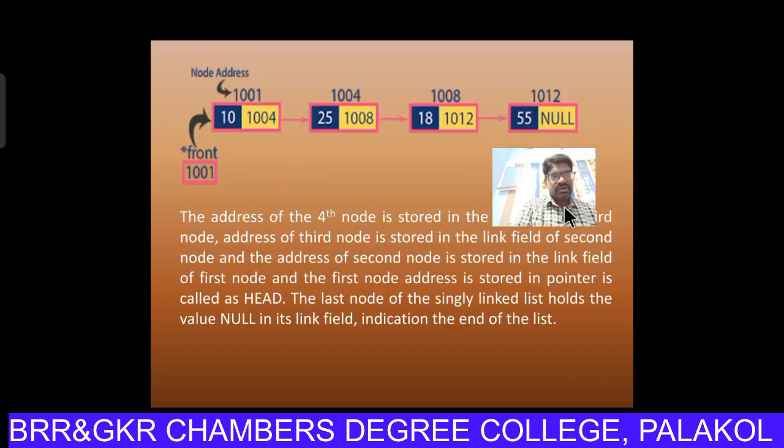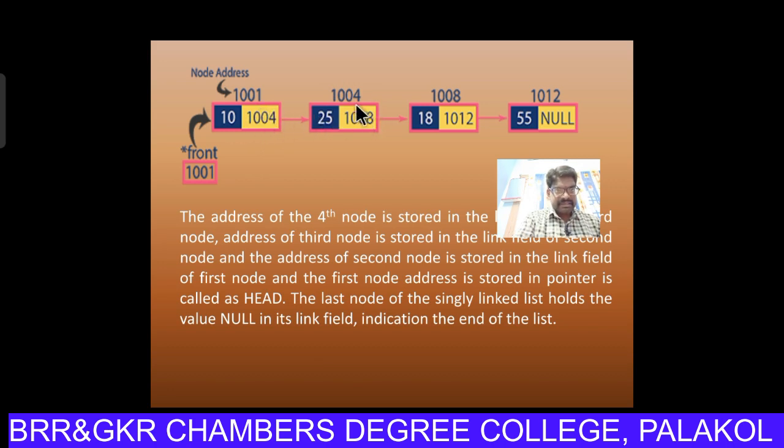For example, this is the first node, this is the second node, the third node and the fourth node. I am storing the values 10, 25, 18 and 55. How are these nodes linked? The address of the second node is stored in the first node's address field.